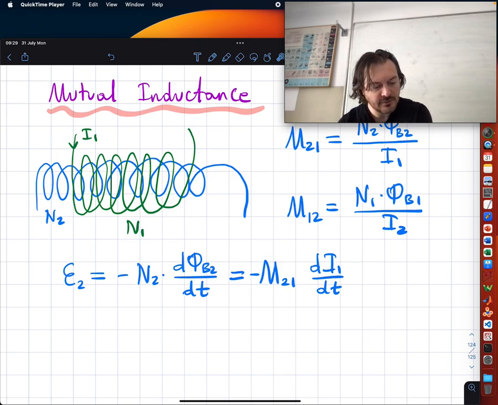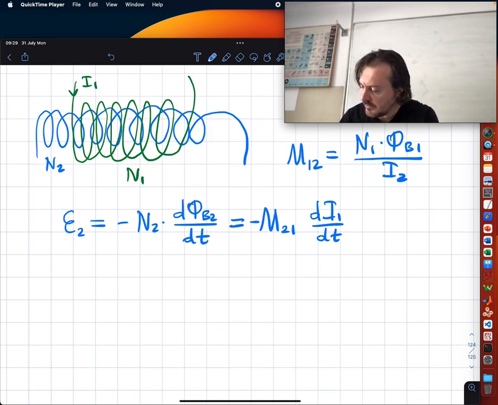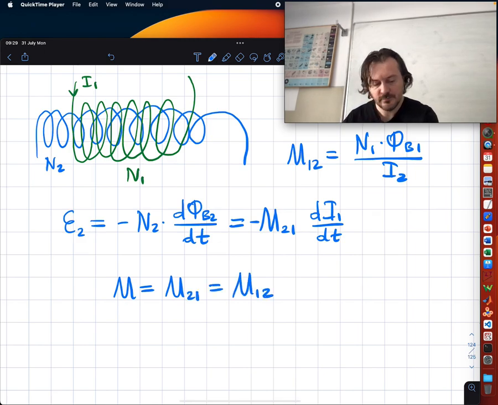We will calculate the mutual inductance in a moment, but first of all, let me describe the units. As I mentioned earlier, M21 equals M12. So the mutual inductance between 1 and 2 is equal to the mutual inductance between 2 and 1. What is the unit?